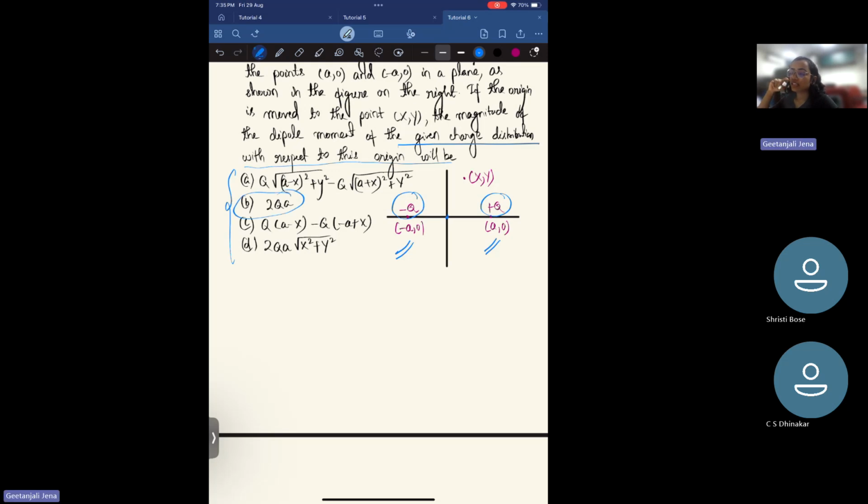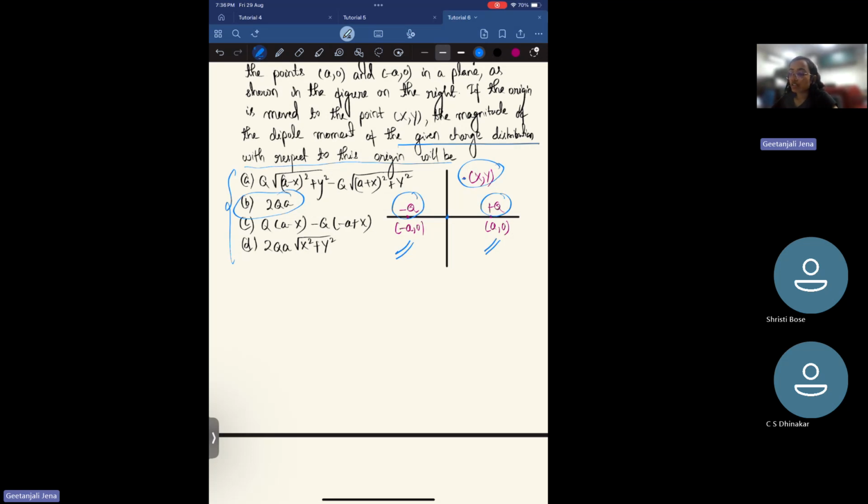But looking at the time you took, I think you have calculated the dipole moment with respect to xy, right? So you found the coordinate of q with respect to xy and minus q with respect to xy, then you just summed it up to find the dipole moment. You can follow that step also.